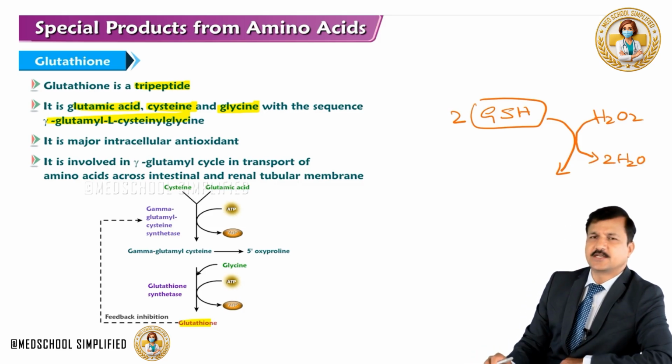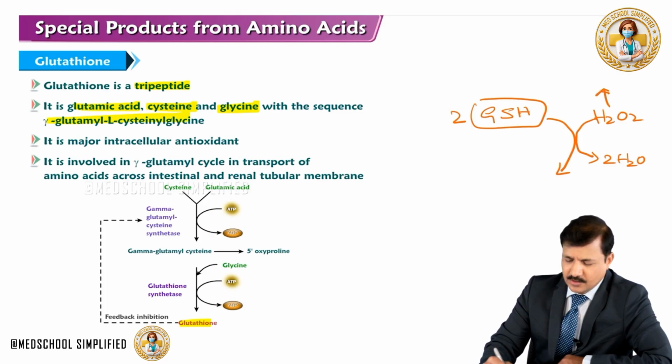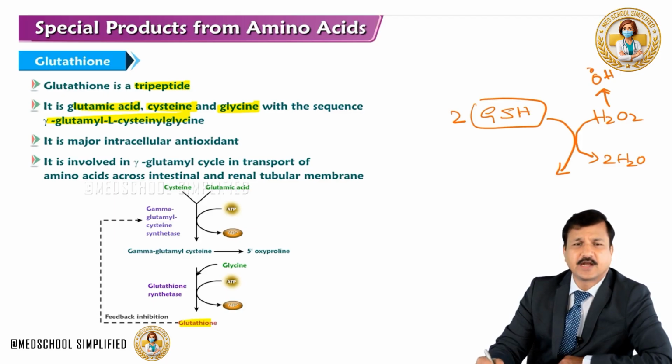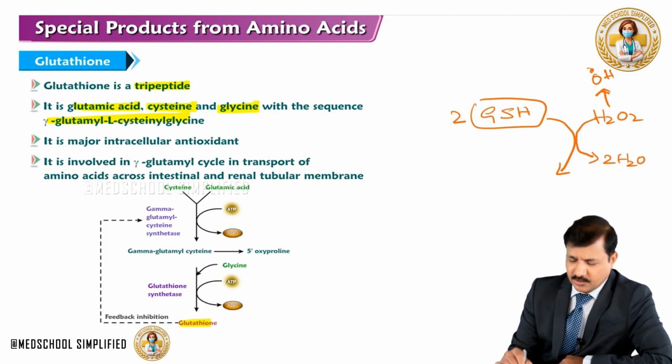So hydrogen peroxide is neutralized into 2 water molecules so that hydrogen peroxide does not go into a hydroxyl radical, because the hydroxyl radical is a free radical. So that is prevented, right? Hydrogen peroxide is neutralized into water by donating protons present in GSH.